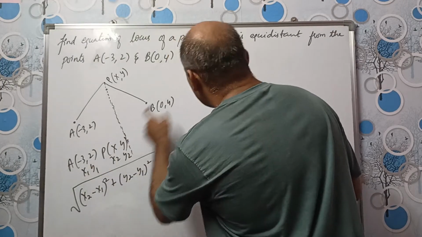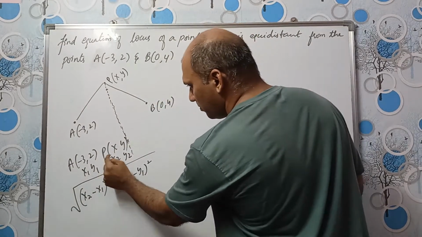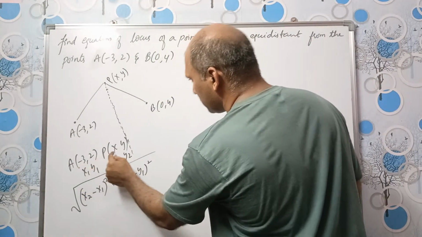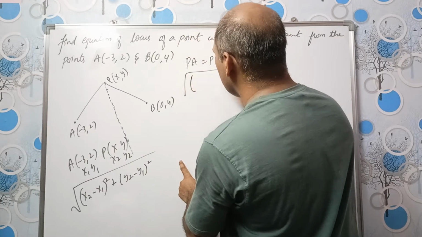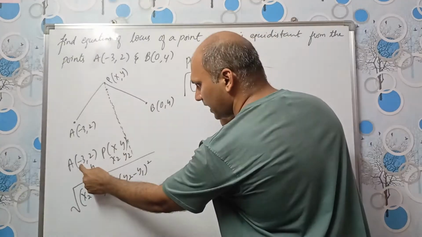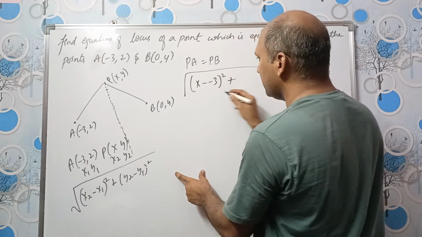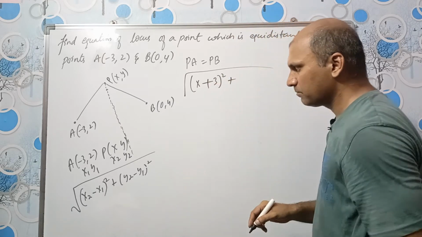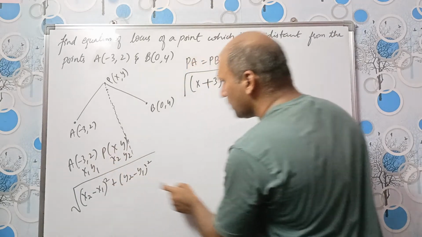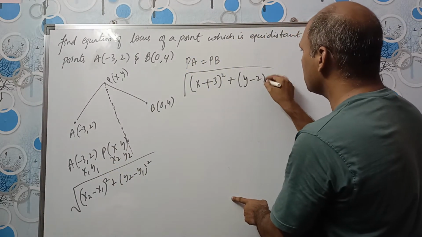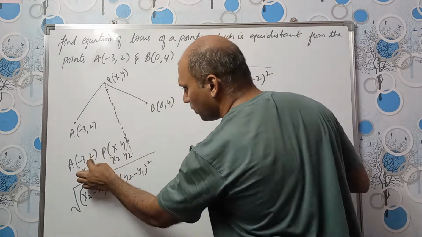So let us find PA first. x2 minus x1, so under the root, x2 is x, minus x1, so this is x minus of minus 3 whole square, so minus of minus 3 will be plus, y2 minus y1, y minus 2 whole square. y2 is y, y1 is 2.